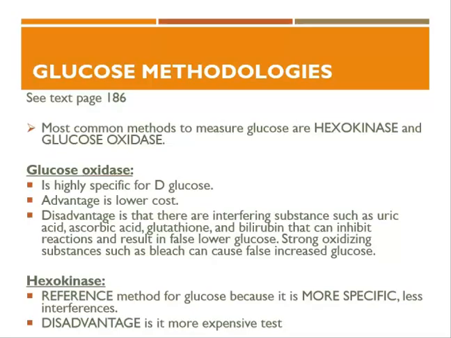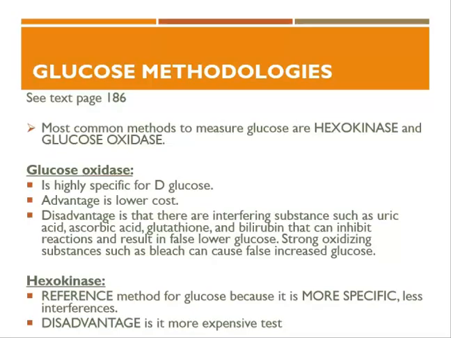These are both enzymes. Glucose oxidase is highly specific for D-glucose, or dextrose. The advantage is it's a lower cost. The disadvantage is that there are interfering substances such as uric acid, ascorbic acid, and others that can inhibit reactions and result in falsely lower glucose.